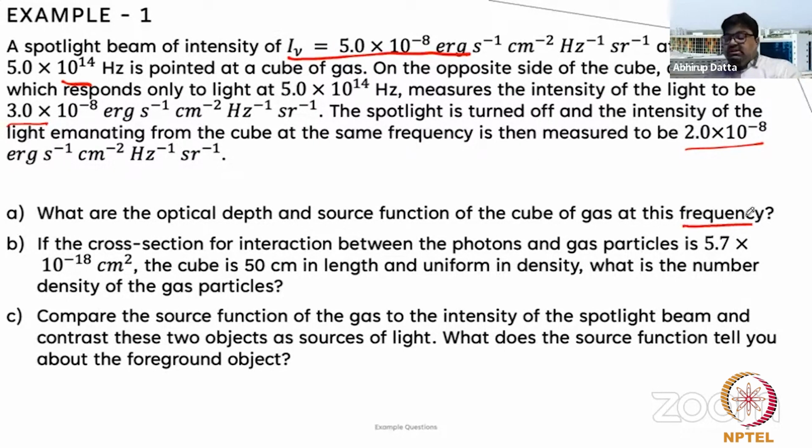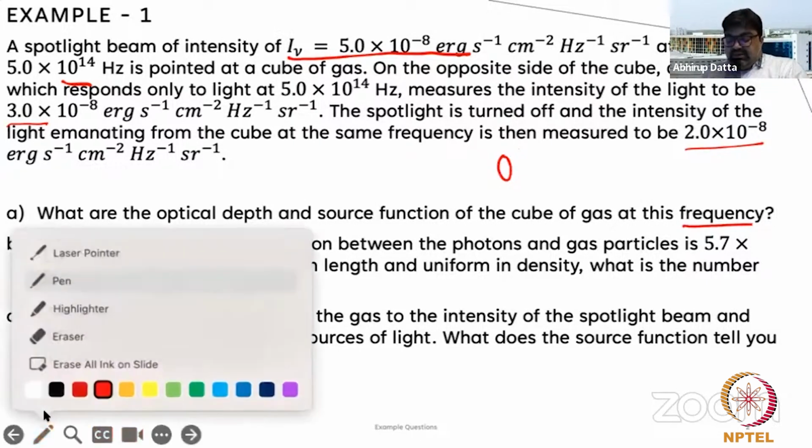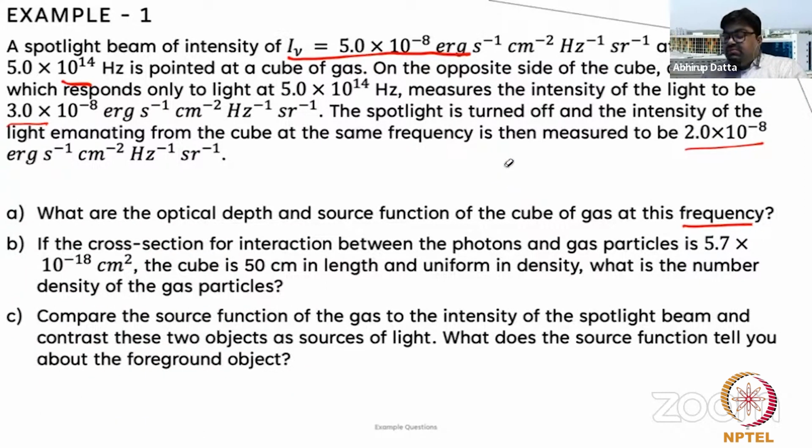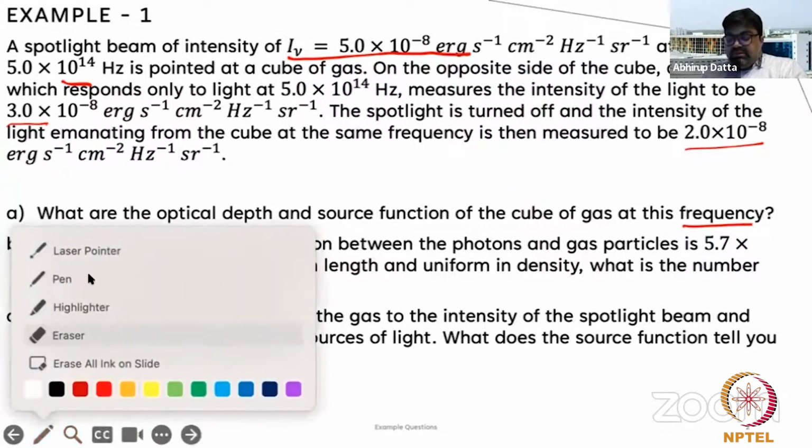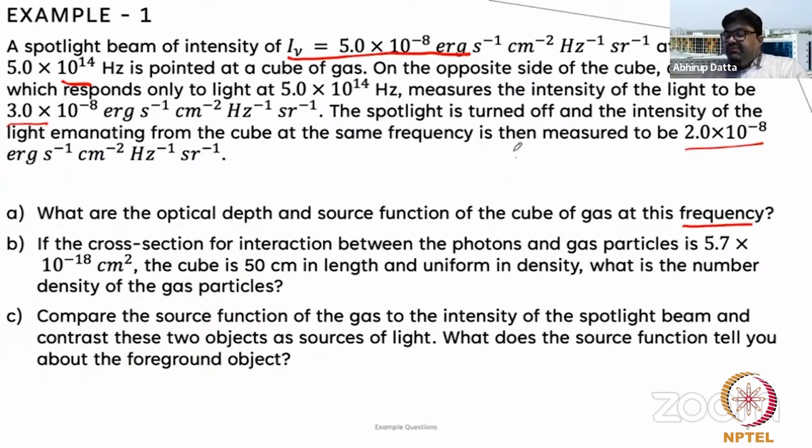That's the question. So the classic question, if we go back to the radiative transfer part, you have some kind of a cube. Just a second, let me draw a cube. Yeah, so you have some sort of a cube, to the best of my ability, and you're shining some spotlight beam from this side.